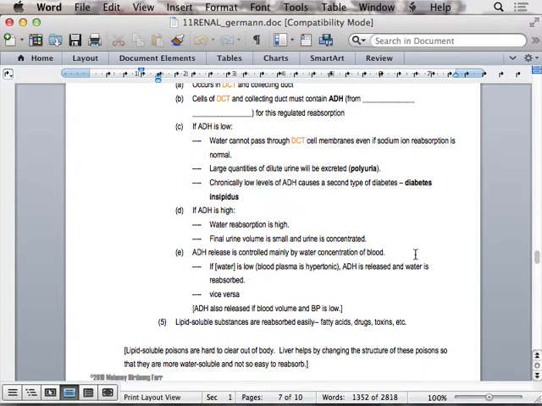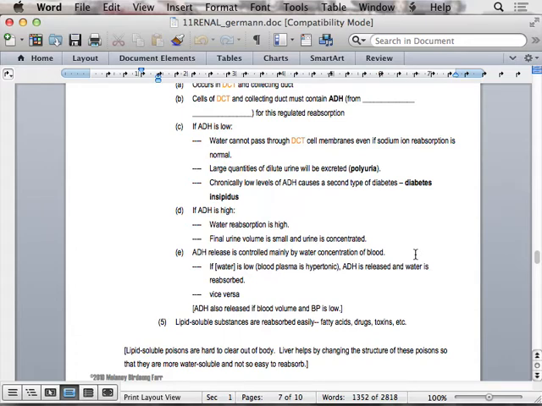And it will also cause you to be thirsty, right? So you need to drink more water, and you need to pee less water. If the water concentration of the blood is high, slightly hypotonic, then it will go by and it'll say, hey, don't release any ADH. We don't need any more fluid. Keeps you from being thirsty and makes you pee.